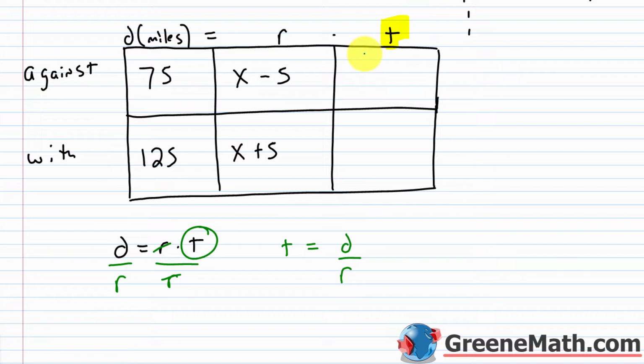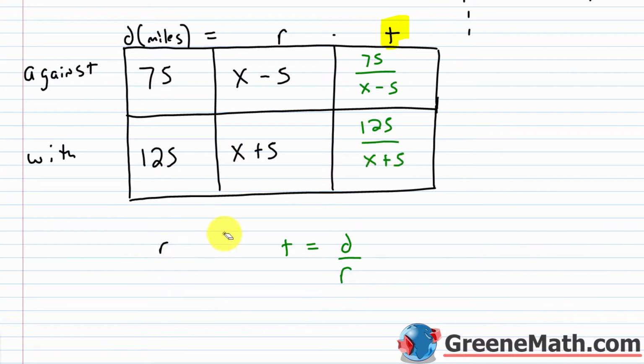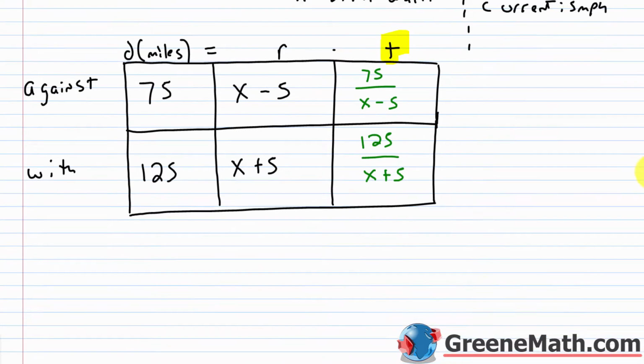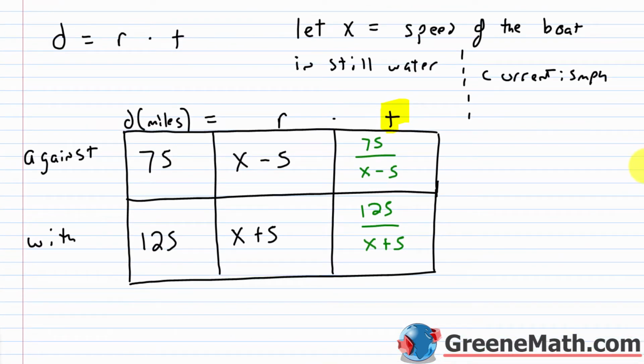So my time for this one, going against the current, is 75 divided by x minus 5. For with the current, it's 125, which is the distance, divided by the rate of x plus 5. So now we're beginning to see what we can do here. We've got our table filled out, so we have all the information we're going to need to gain a solution.